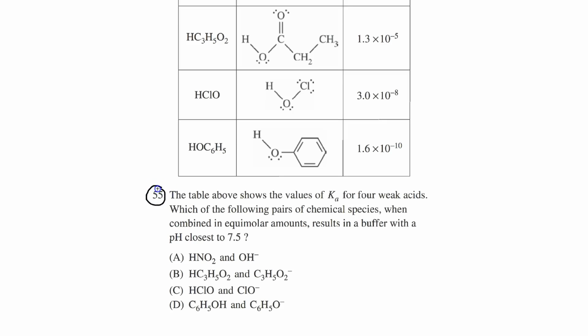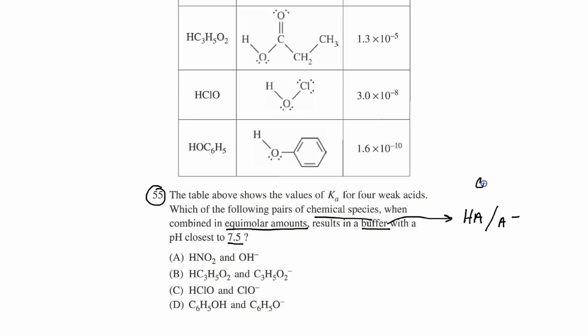Number 55. The table above shows the values of Ka for four weak acids. Which of the following pairs of chemical species, when combined in equimolar amounts, results in a buffer with a pH closest to 7.5? Well, a buffer, we should know, is going to be a conjugate acid with its conjugate base.